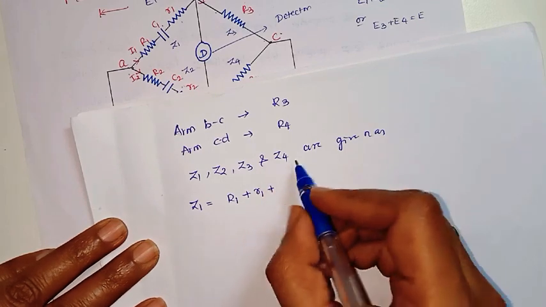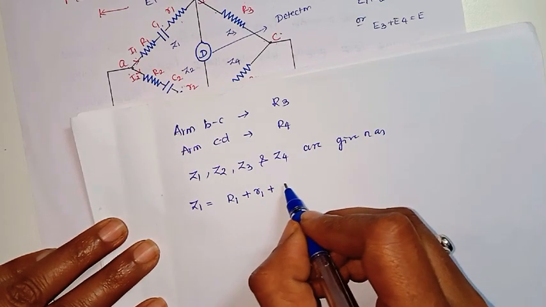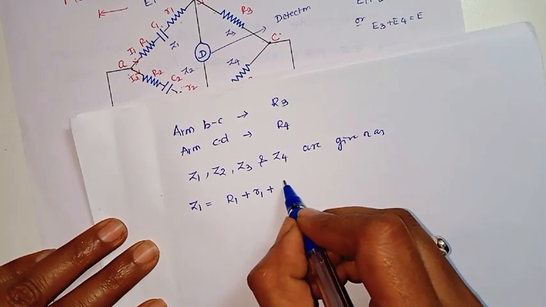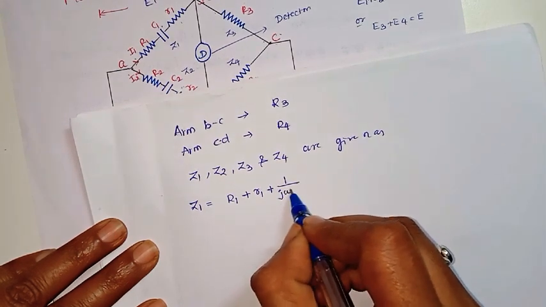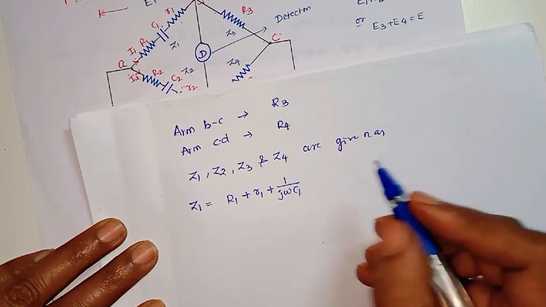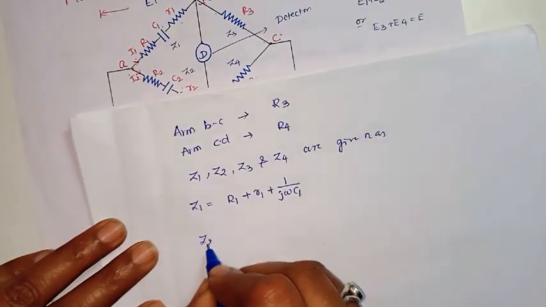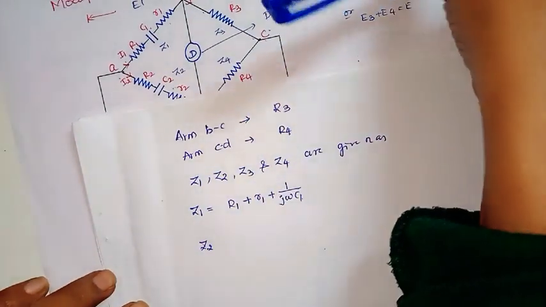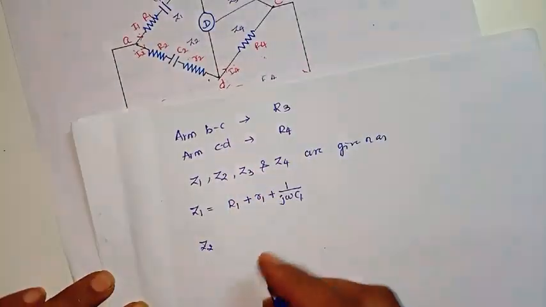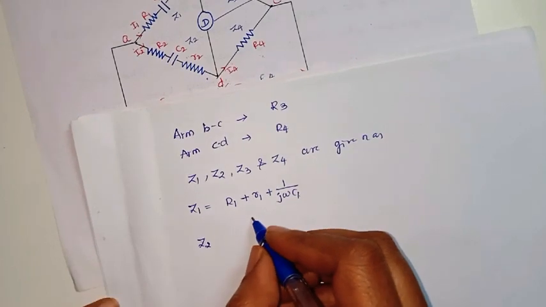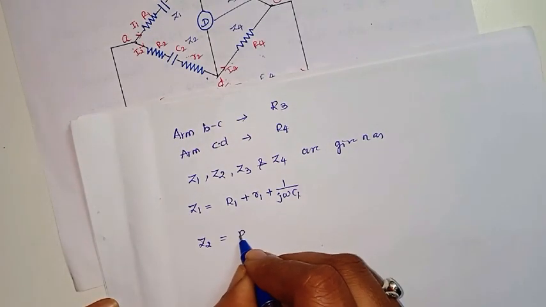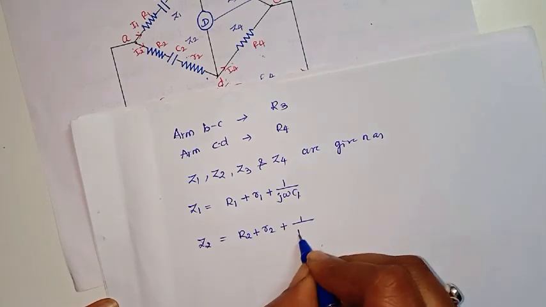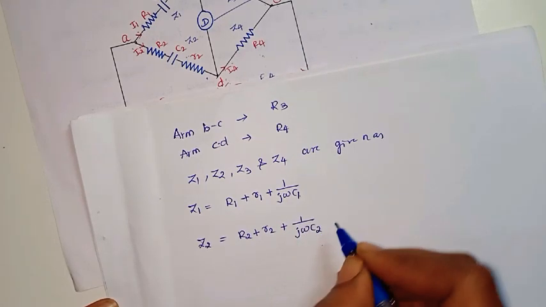We can write the impedance of the capacitor as 1 by j omega C1. Similarly for the arm AD, that is Z2, Z2 can be written as R2 plus small r2 plus 1 by j omega C2.